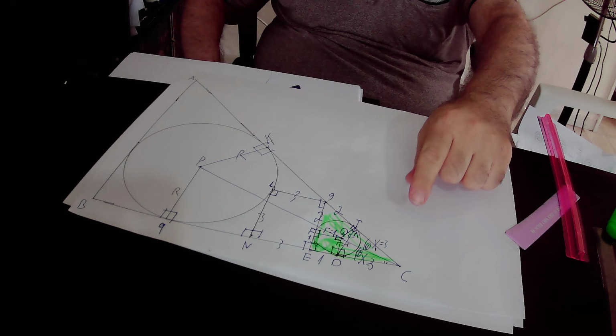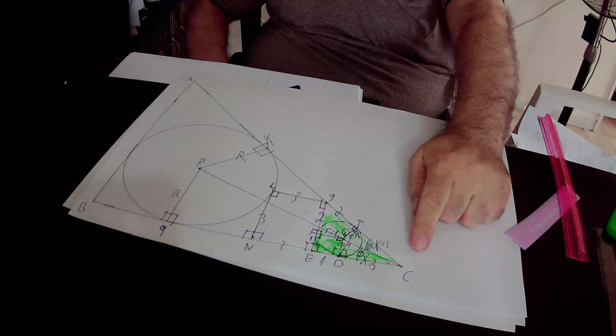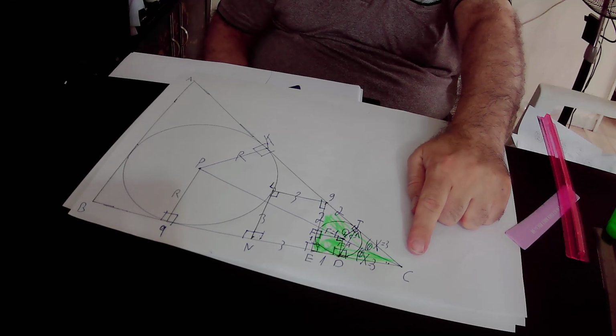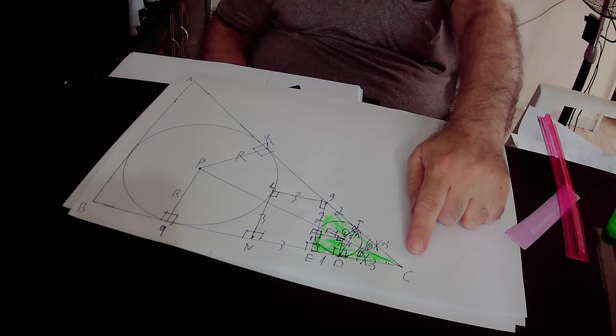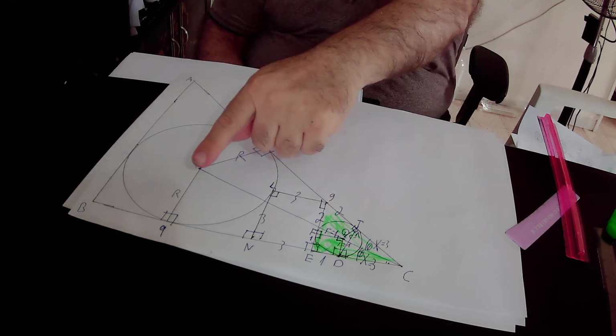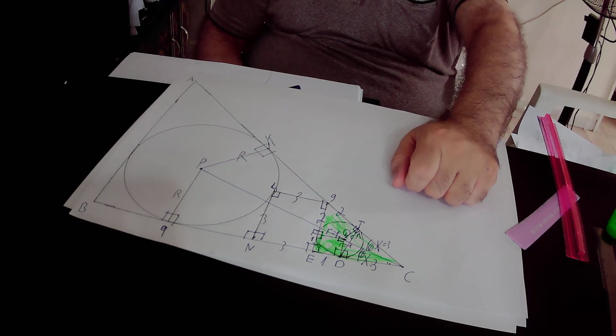In addition, if we focus on the common extra point C, from point C we have two tangents to the big circle, tangent CK and tangent CQ, and according to rule number 2, they are equal to each other.